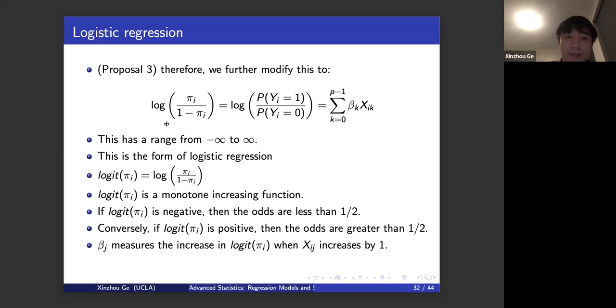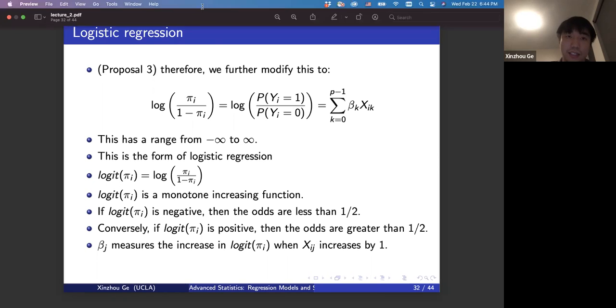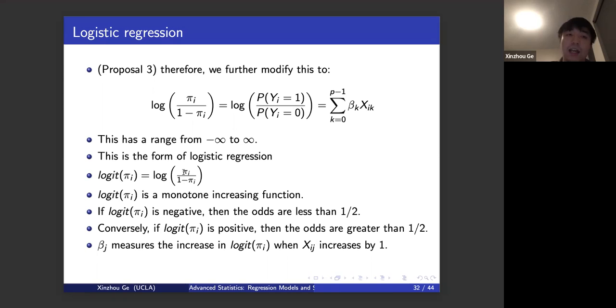And we define this function, log of pi i over 1 minus pi i, and we name it the logit function. This is just a name for this function. And we can see that this function is a monotone increasing function. And if pi i equals 0.5, then the ratio is 1 and log 1 equals 0.